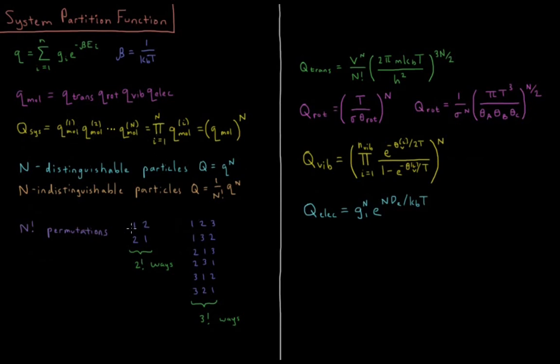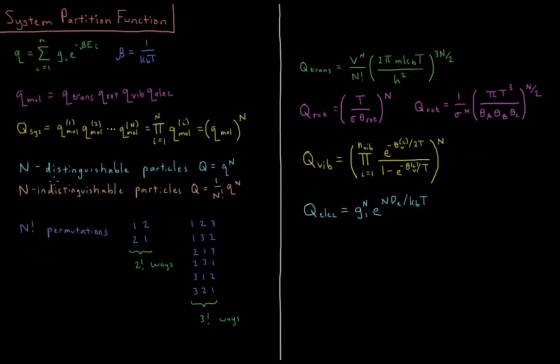So for example, if we have a molecule with E1 and a molecule with E2, it could be molecule 1 has E1 and then molecule 2 has E2, or it could be the reverse. There are 2 ways, or 2 factorial ways, to arrange that situation. If there are 3 molecules with different energies, there are 3 factorial, or 6, different ways to arrange that.